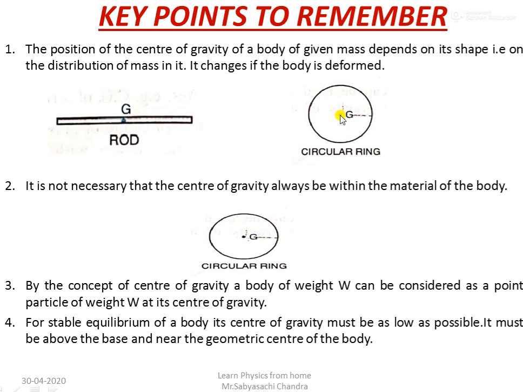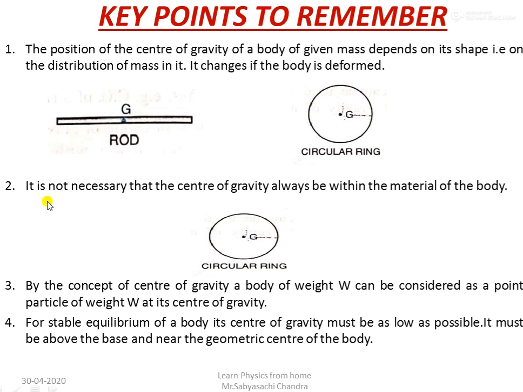It will come just to the center of the circular ring. So the position of the center of gravity of the body depends on its shape. That means if the shape of the body changes, then the position of the center of gravity will also change.